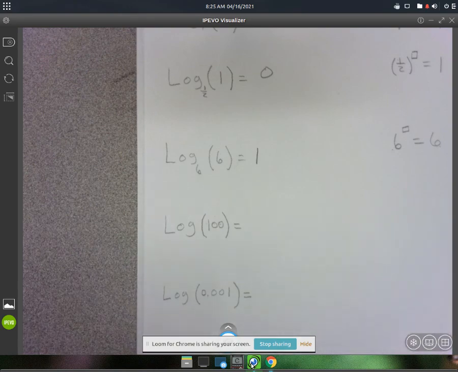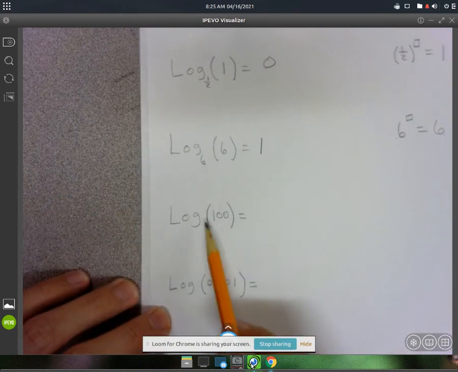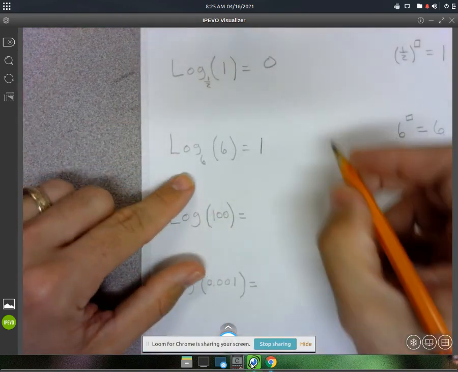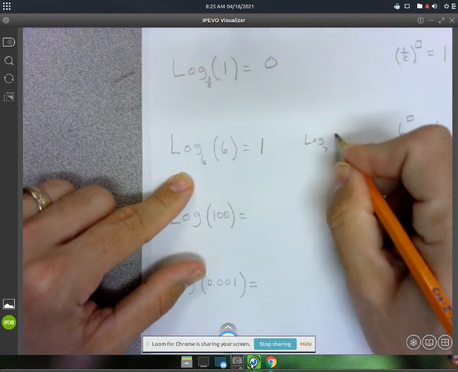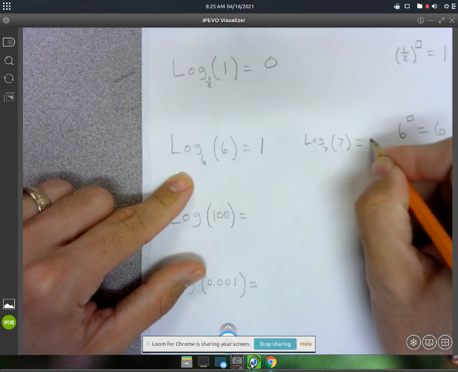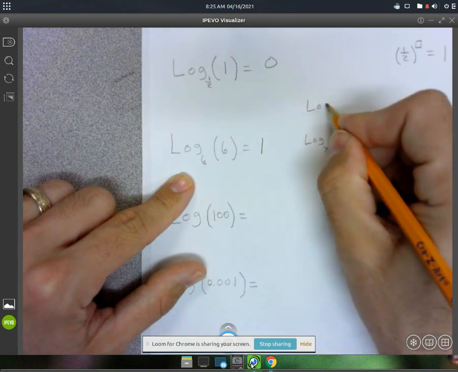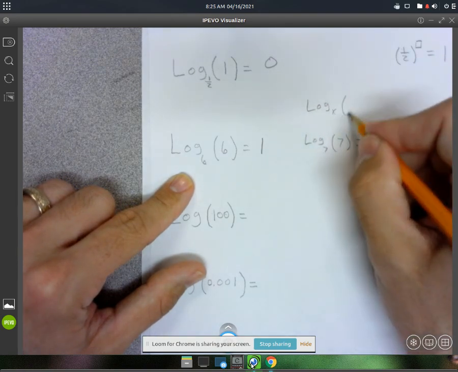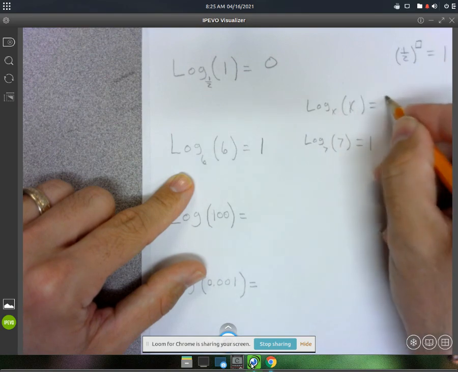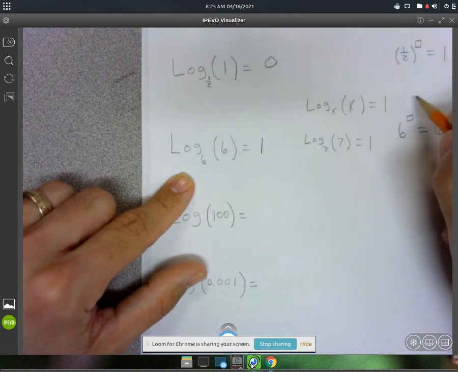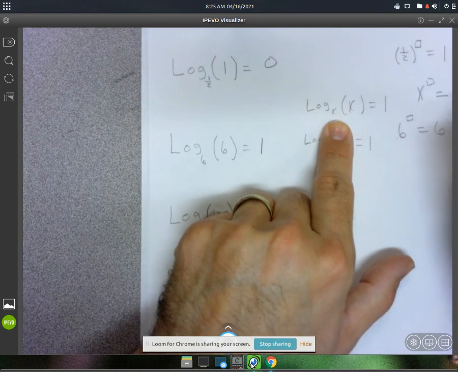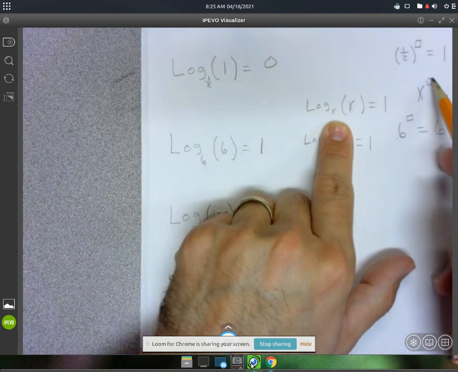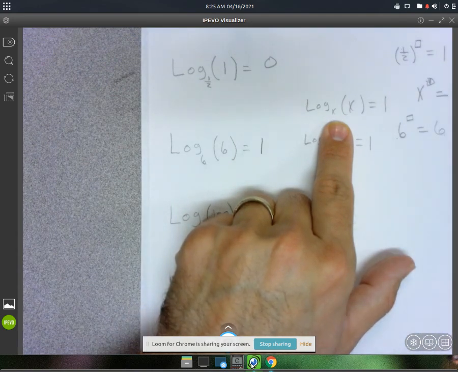Just one of them. And this will hold true for all statements. If you have log base 7 of 7, that will also equal 1. Or log base x of x, that will also equal 1, because x is my base and x is my answer. So the exponent in order for this to make sense would have to be a 1.